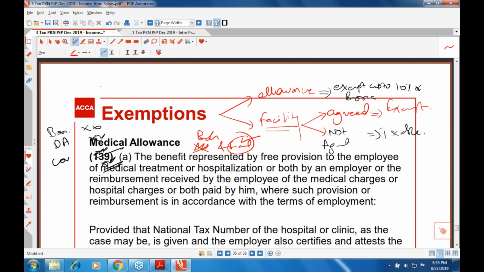But as a goodwill gesture, I paid you an extra amount. That was not agreed. So the medical allowance is going to be exempt up to 10%, but that extra amount which I am giving with the facility that was provided is not going to be exempt, that's going to be taxable. So basically, the agreement is with the employee upon appointment or at a later stage, but the agreement is with the employee.